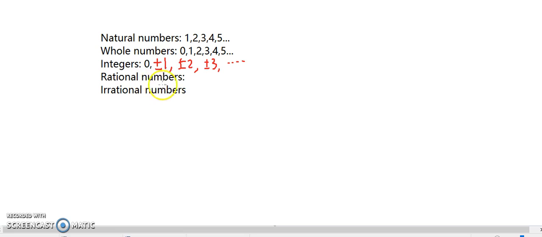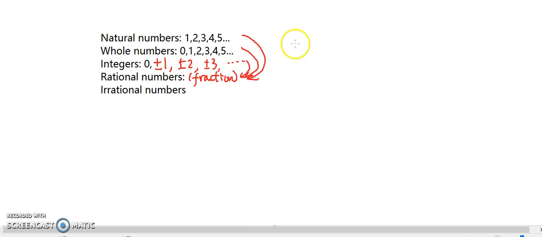Now, rational numbers. A rational number is a fraction. So if you can write a number as a fraction, then it is a rational number. So first of all, natural numbers, whole numbers, integers, all of them are rational numbers because we can write any integer.